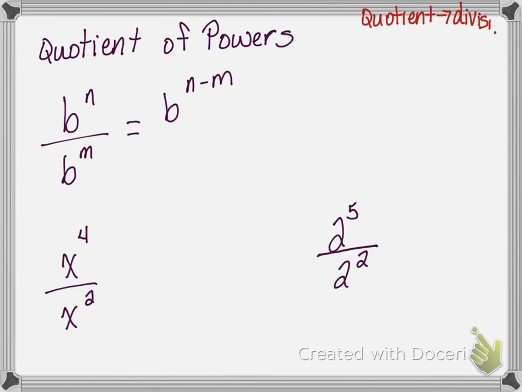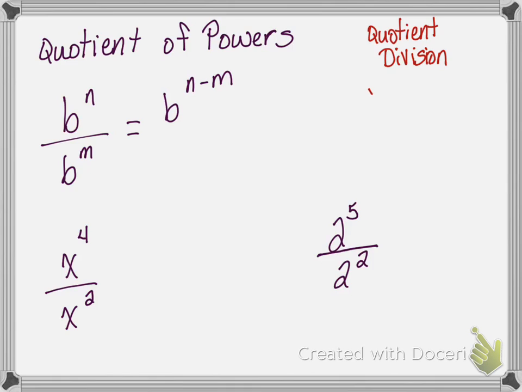Okay, I'm going to rewrite that. So the word quotient means we're talking about division. Okay? We remember that a product is a multiplication problem, but we forget that quotient is a division problem. Okay? So quotient means division.